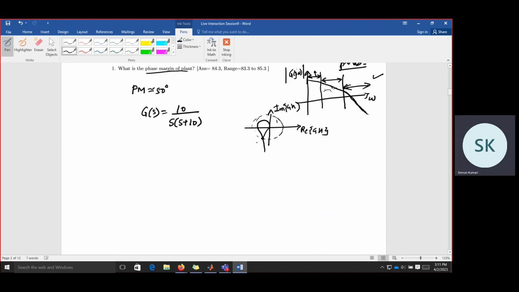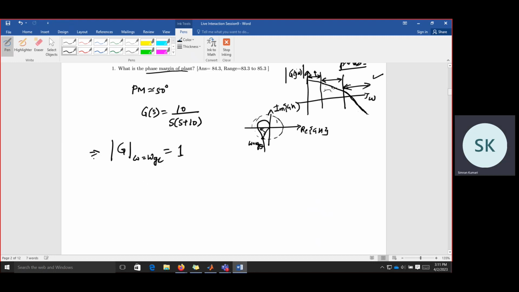Suppose this is omega equal to omega GC, the gain crossover frequency, so the magnitude of G at omega GC will be 1. At this frequency, the phase shift that is required so that the system is on the verge of instability is the phase margin.